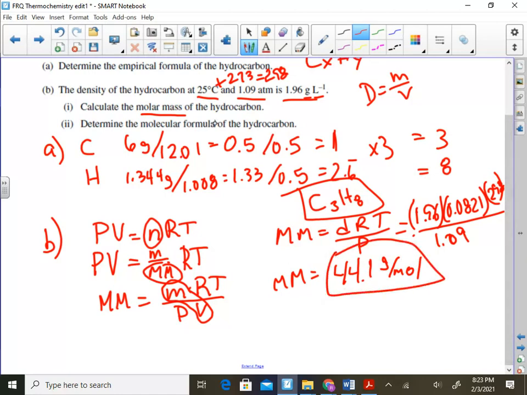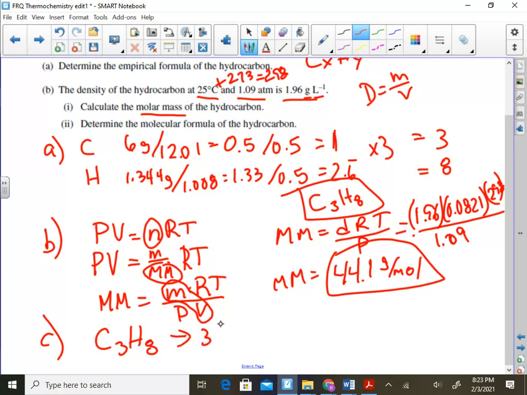So now we want to know the molecular formula. If we take our empirical formula, we can try to figure out how it compares to the molecular formula by looking at the molar mass. So the first thing we want to do is take that empirical formula and find the empirical formula mass to see the ratio between the two.